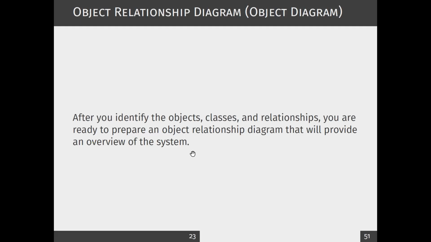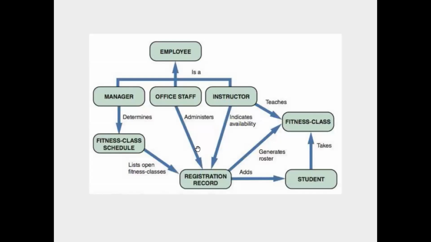Now, to represent these, we can prepare a diagram to see the whole system, which we call an object diagram. And sometimes we call it an object relational diagram. This will give you an overview of the system. So let's now look at the object diagrams.